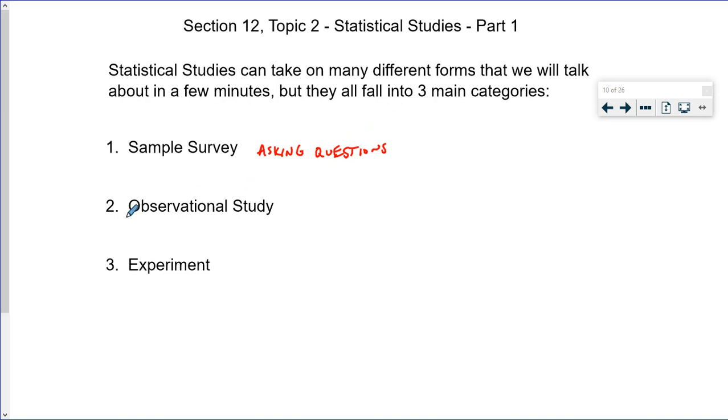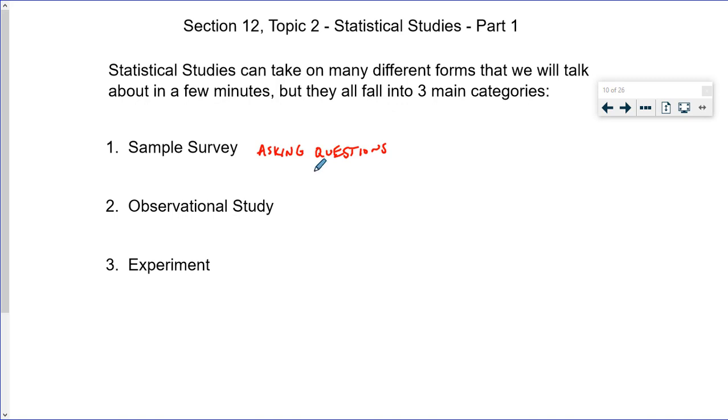An observational study is when we're using data that already exists and we're just observing it. For instance, let's say you started to work for the Auburndale Police Department and they wanted to find out what percentage of crimes committed in the city were misdemeanors.